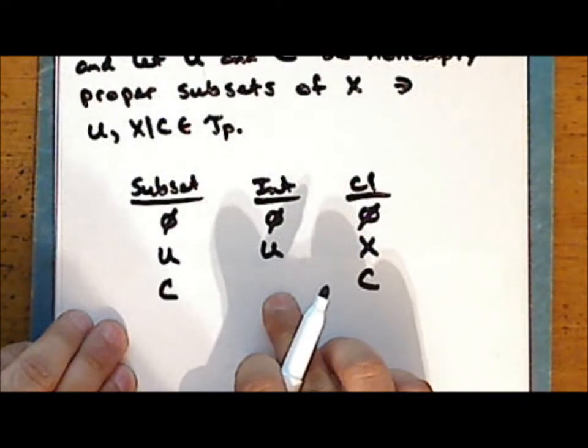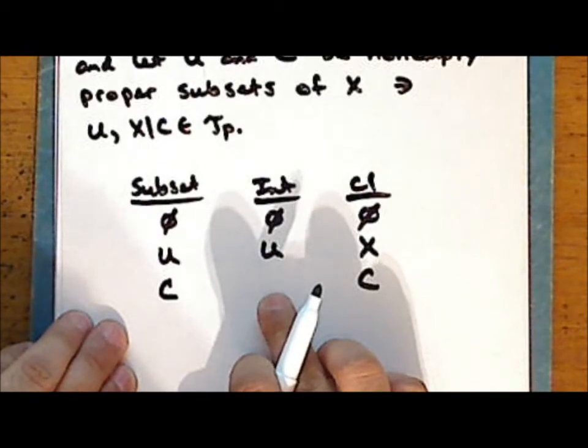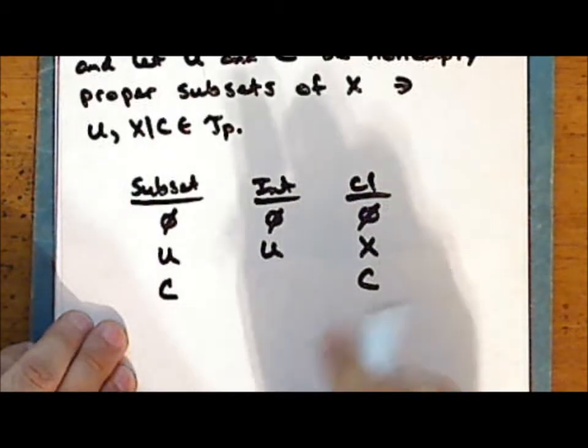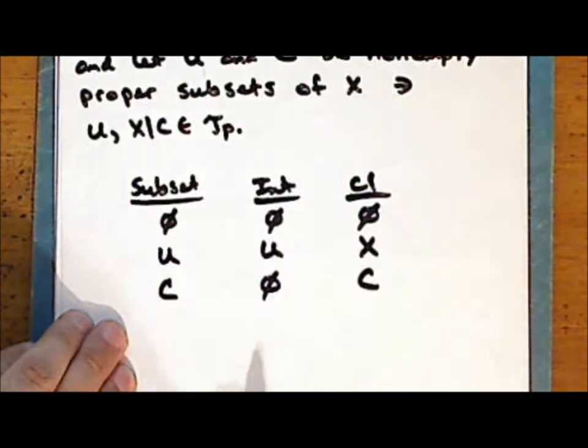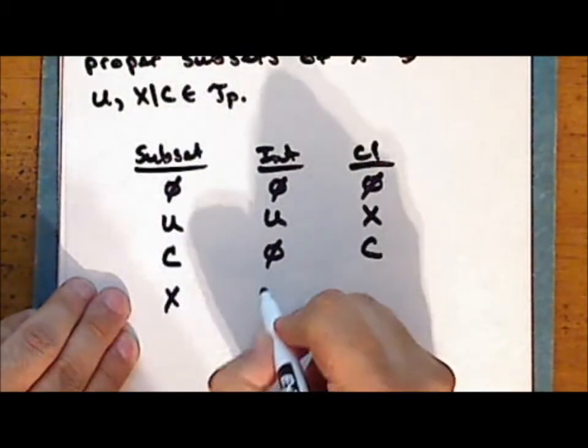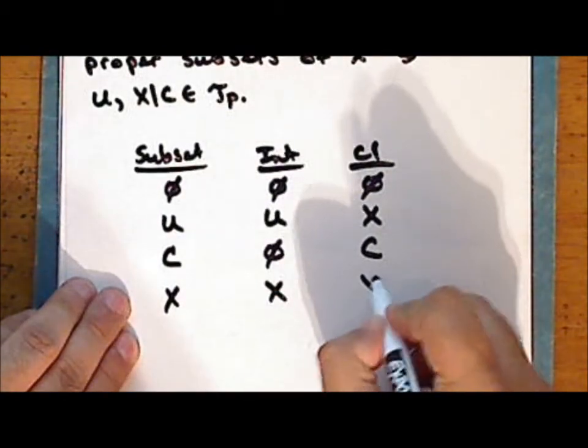Again, every non-empty open set must contain the point P, and so the only open set contained in the set C is the empty set, and the entire set is its own interior and its own closure.